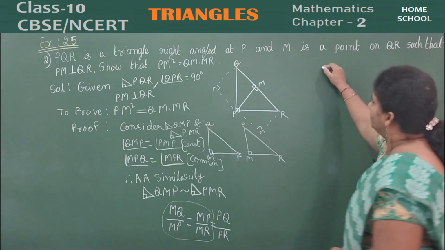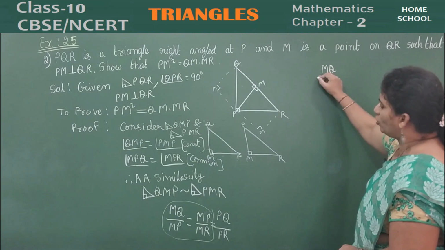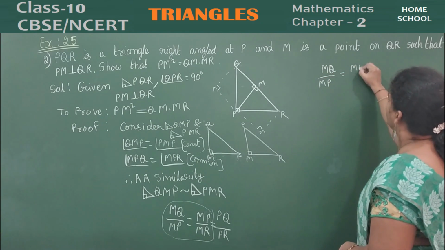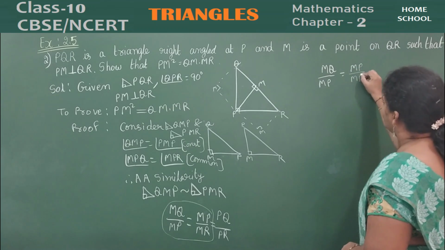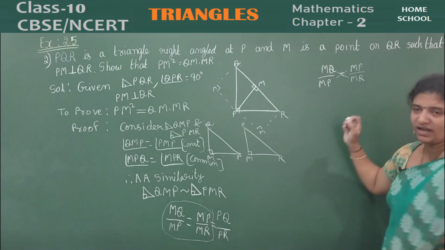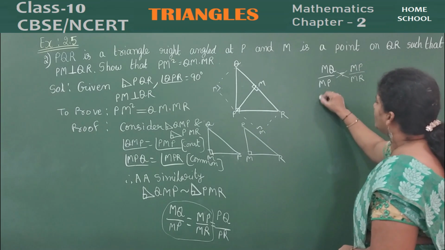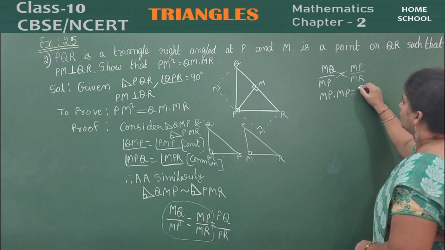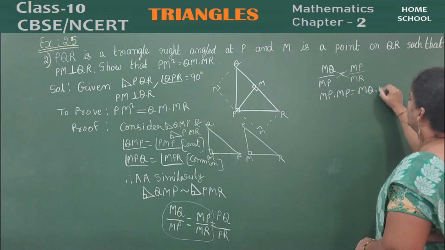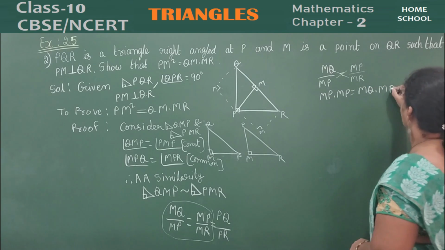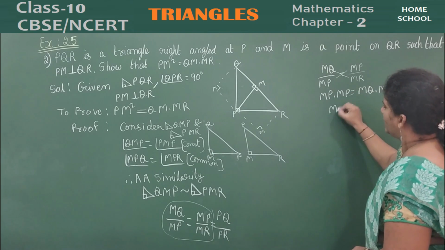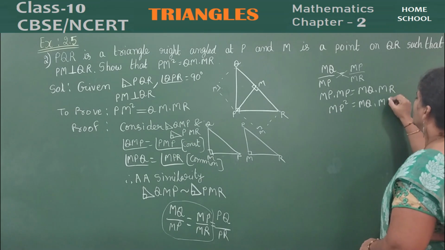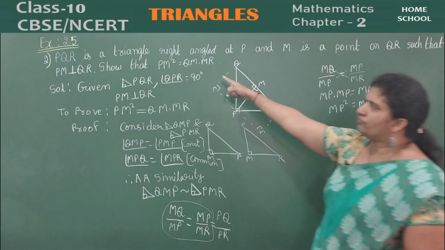So only these two ratios I'll take into consideration. So now, MQ by MP is equal to MP by MR. Do the cross multiplication. MP into MP. Bring this side. MP into MP is equal to MQ into MR. MP square is equal to MQ into MR. See this proof here?